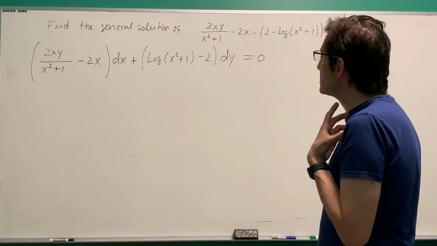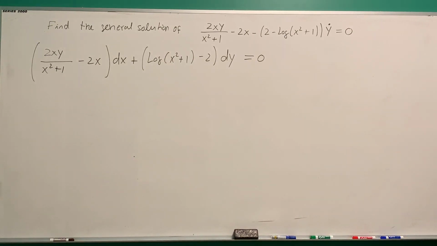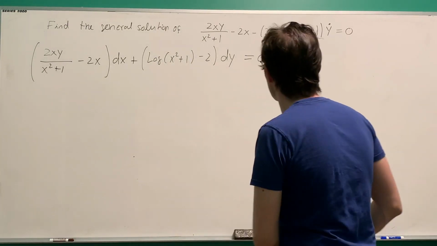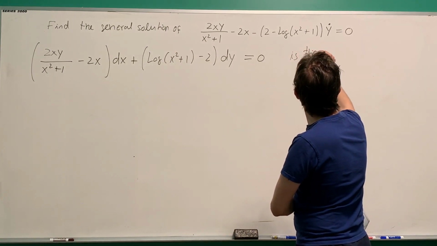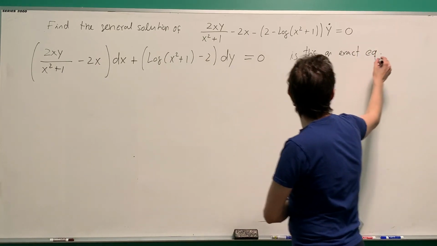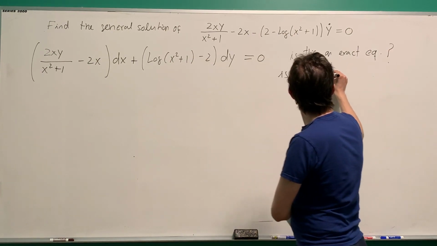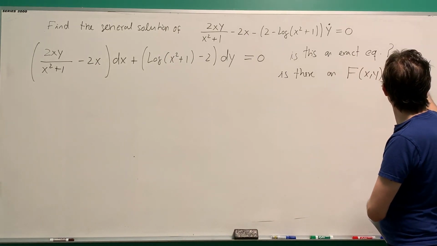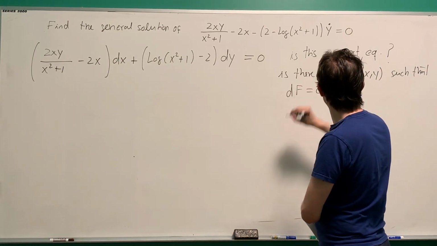Now the question that we ask is, is this thing the differential of a function? Or is this thing not the differential of a function? Because if it is the differential of a function, then I know what the solution is. Right, the question: is this an exact equation? Or in other words, is there an f of x, y such that df equals 0?